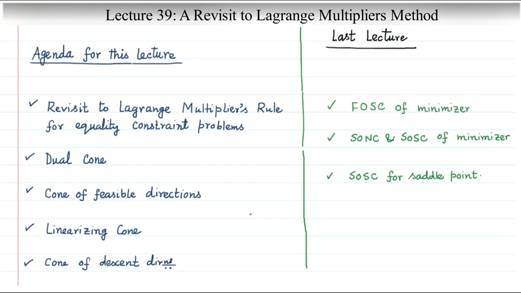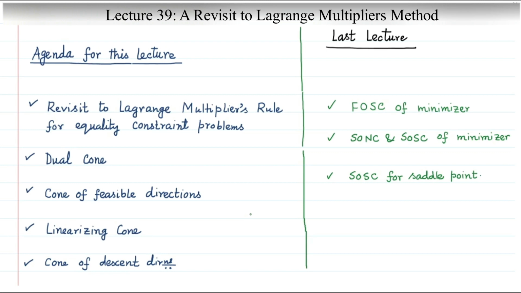Towards the development of the Karush-Kuhn-Tucker necessary and sufficient optimality condition, we need to discuss a few particular types of cones. Those are related to the constraints as well as the objective function of a constraint optimization problem. There will be 5 specific types of cones: dual cone, cone of feasible directions, linearizing cone, cone of descent directions, and tangent cone.